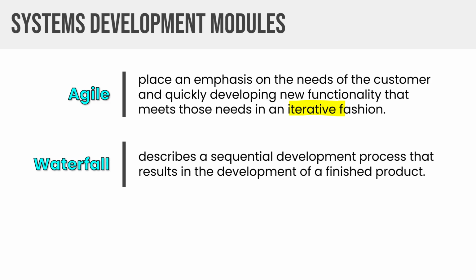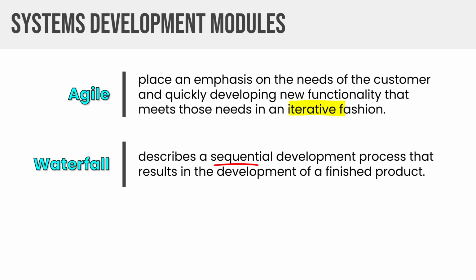Now, Waterfall, on the other hand, describes a sequential development process that results in development of a finished product. Waterfall is less responsive. I feel like Agile and Waterfall represent opposing strategies. If you ask me to pick the opposite of Agile in terms of software development models, I would pick Waterfall.